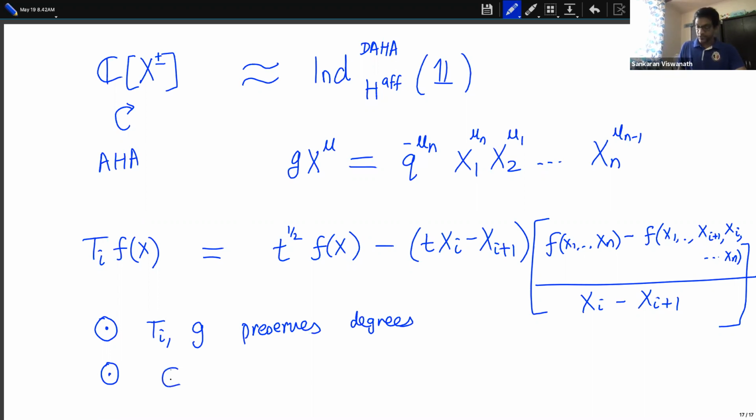And the other thing it preserves is the positive part, in the sense, not the Laurent polynomial ring, but if you just take C of x1, x2, ..., xn, the polynomial ring, it is also preserved under the action. Okay, and again, that's clear from the way the definitions are.